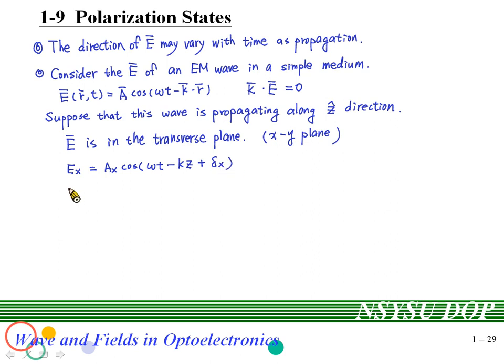And the y component of E can be written as A sub y times cosine of omega t minus kz plus the corresponding phase delta y.